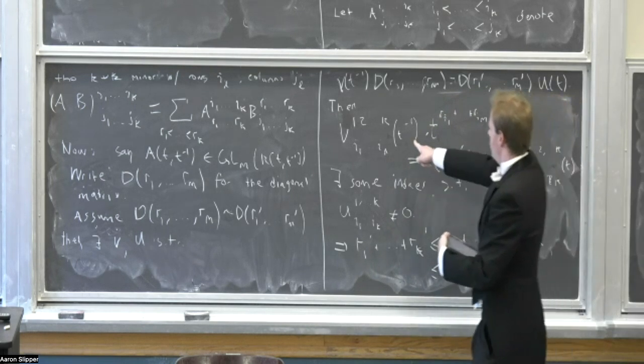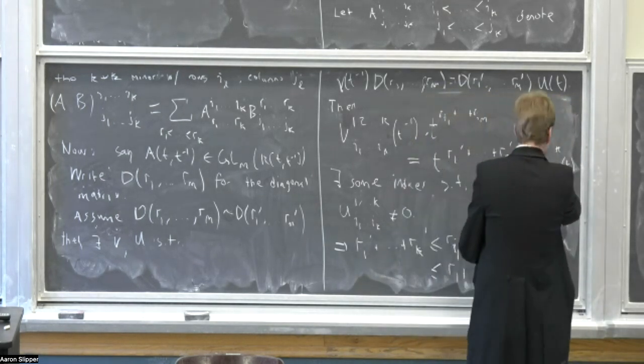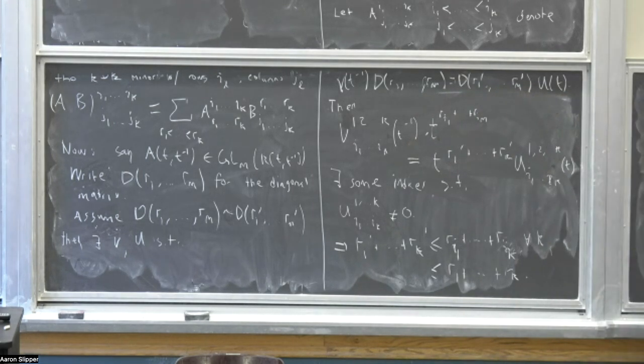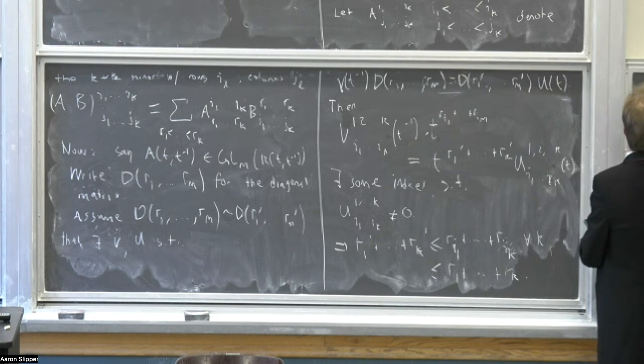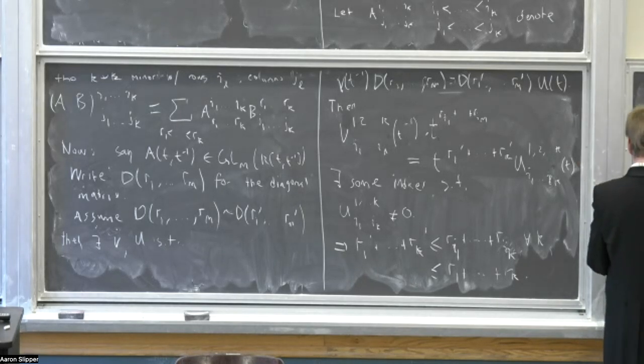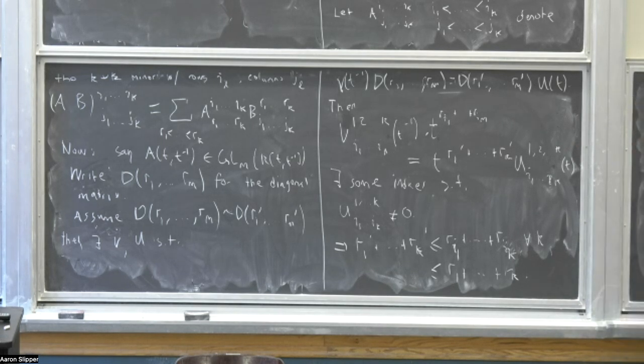I can hit this guy with the inverse matrix, and this guy with the inverse matrix, and I end up with D(R1 to Rm) UT inverse is D(R1' to Rm') UT, where this is B inverse inverse.